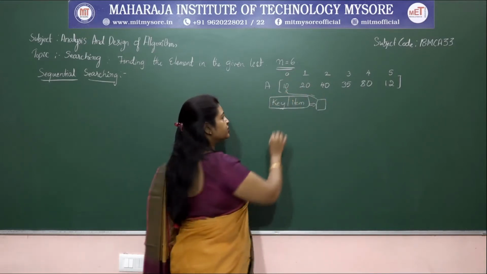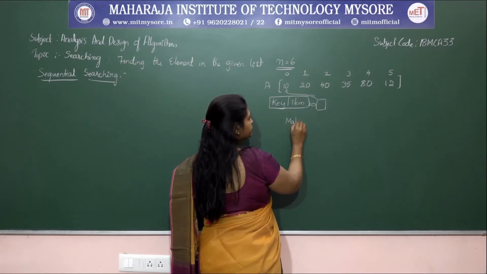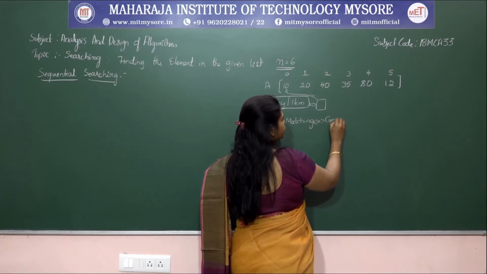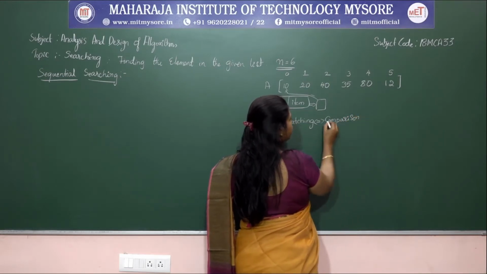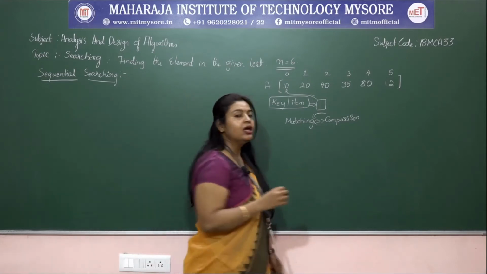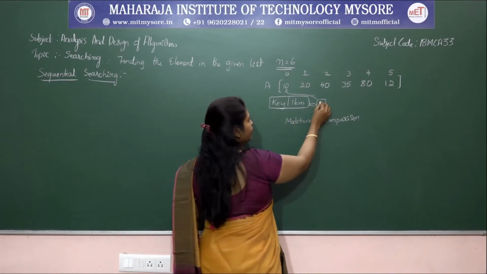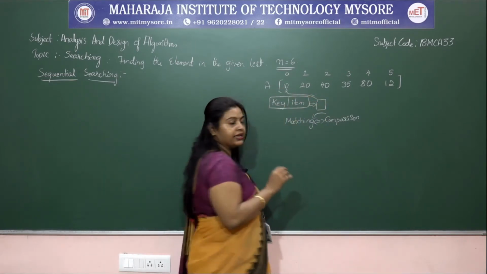That operation is nothing but matching, or else we can say comparison. That comparison operation is nothing but a matching operation, so we are going to use the equal symbol. We are going to compare the key element with the array elements.